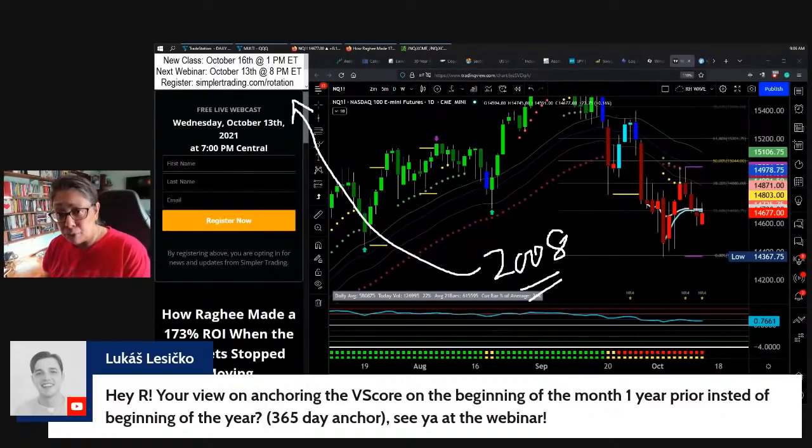But the reason that I am anchoring this year to the first of the year rather than 1 year back is I do not want the influence of last year's uptrend on the read of the V-score this year. I don't know that I've done that, but maybe one other time over the past 12, 13 years.